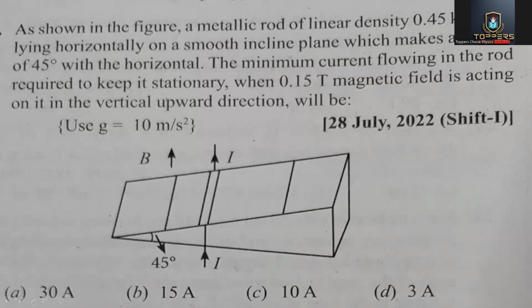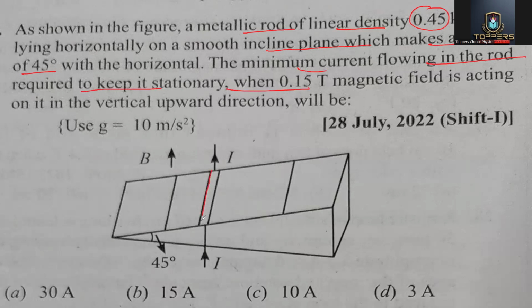This question is saying that, as shown in the figure, a metallic rod of linear density 0.45 kg per meter is lying horizontally on a smooth inclined plane, which is making an angle of 45 degrees with the horizontal. What is the minimum current flowing in the rod required to keep it stationary?